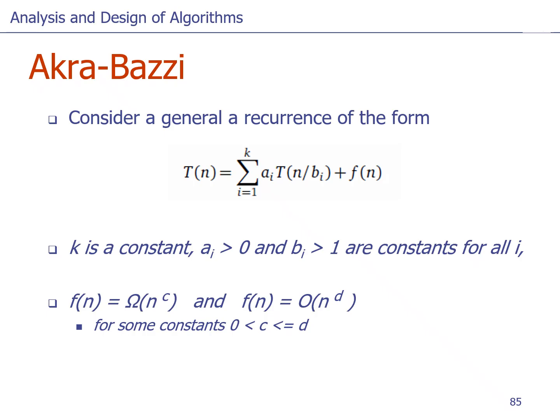The constraints are: k is a constant, so it does not change while the algorithm is running; a sub i greater than 0; b sub i greater than 1, and they are constants. f of n is bounded between n to the c and n to the d, where c is less than or equal to d. This is not really setting any strict constraints that will prevent us from solving any recurrence, as you will see.